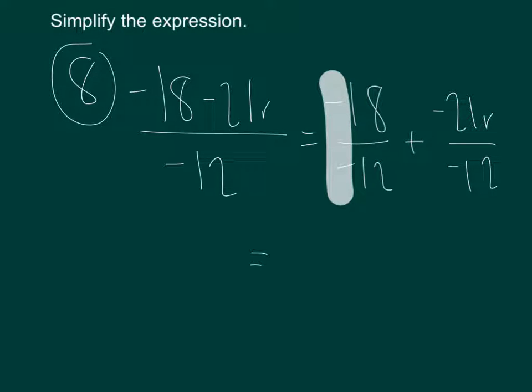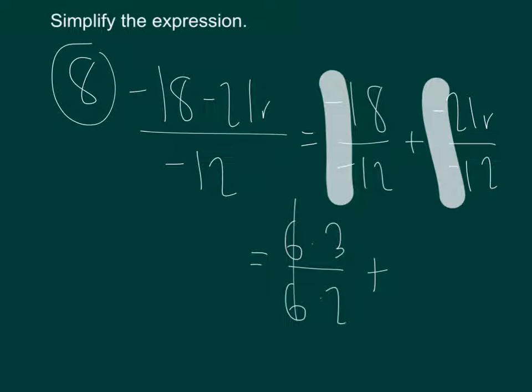So then I'm going to do some canceling out. I can simplify 18 to 6 times 3. And I can simplify 12 to 6 times 2. And then I'll be able to cancel out the 6's. And then for the second part here, again, the negatives are going to cancel out. And I can write 21r as 7 times 3 times r.